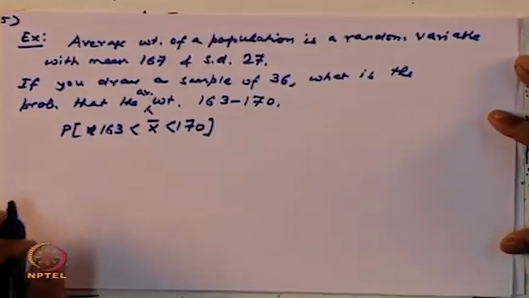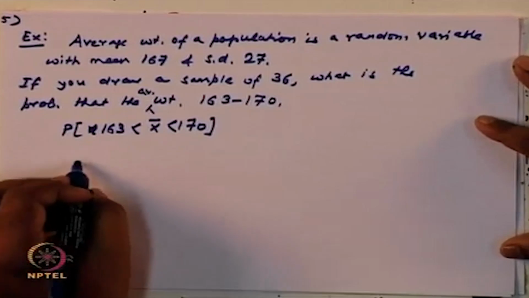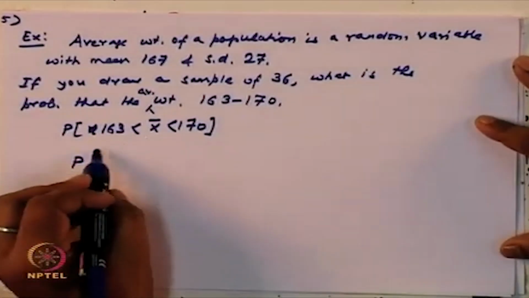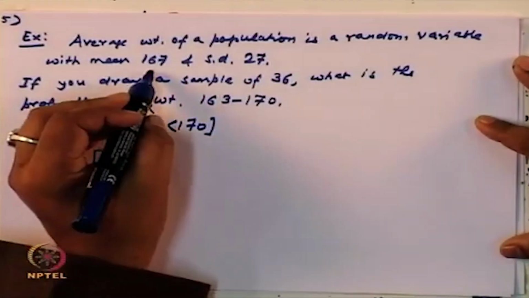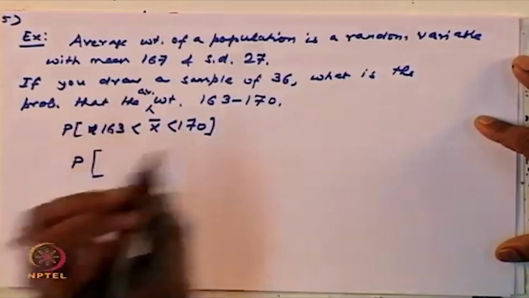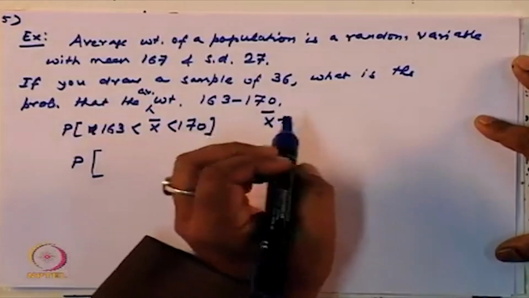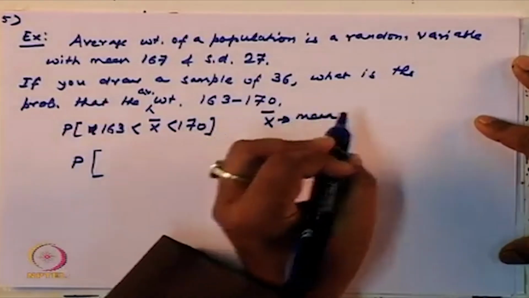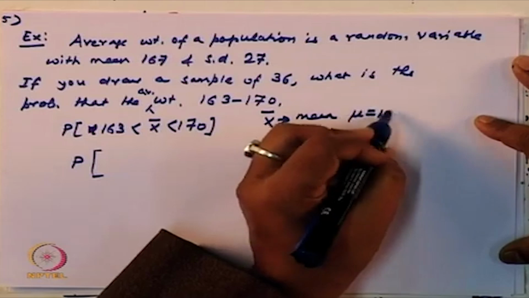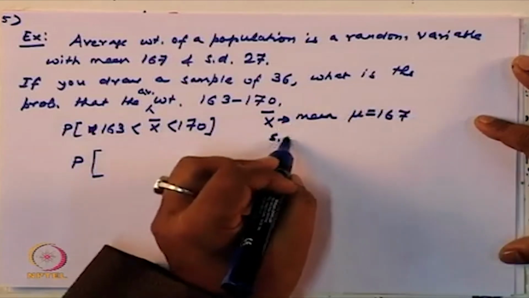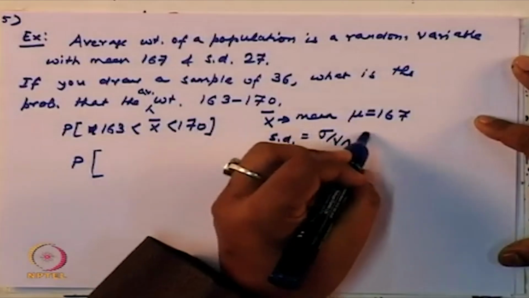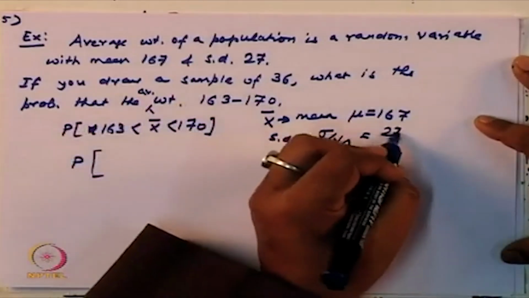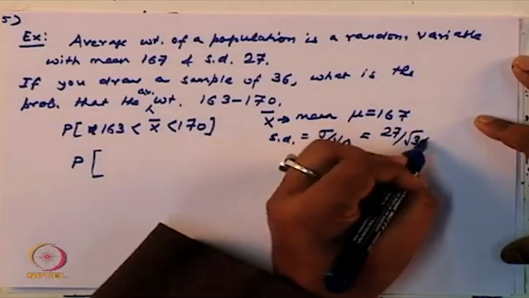So, what do I do? I use the central limit theorem again. From x bar we convert it into z, and we know x bar will be a random variable with mean mu equal to 167 and standard deviation sigma by root n. So, sigma is 27 by root of 36.